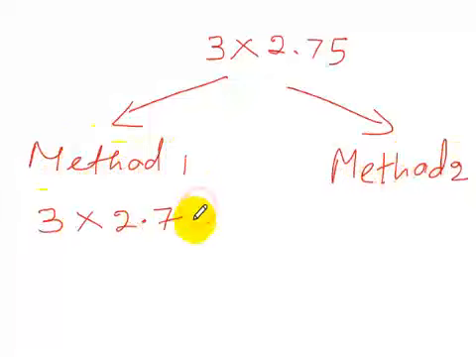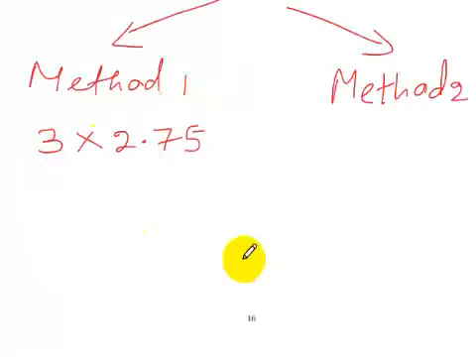In method 1, you have to convert this decimal number into a fraction and then simplify. We'll see how to do that. Here, 3 into 2.75, there are two decimal places.